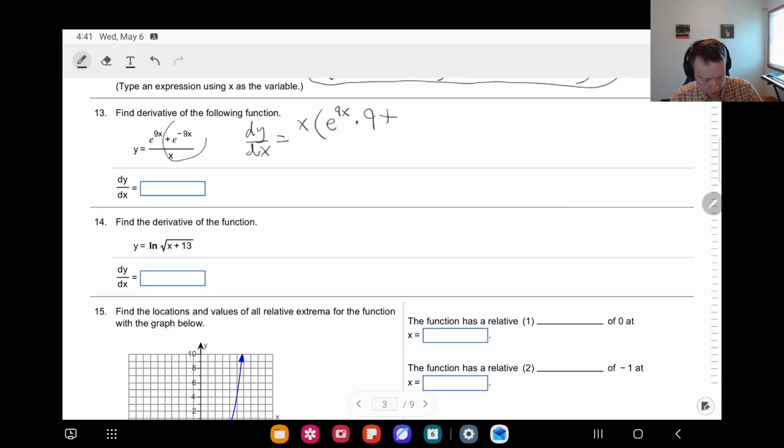Plus, now we have to take the derivative of e to the negative 9x. Well, again, that's going to be itself times the derivative of negative 9x. That's negative 9.